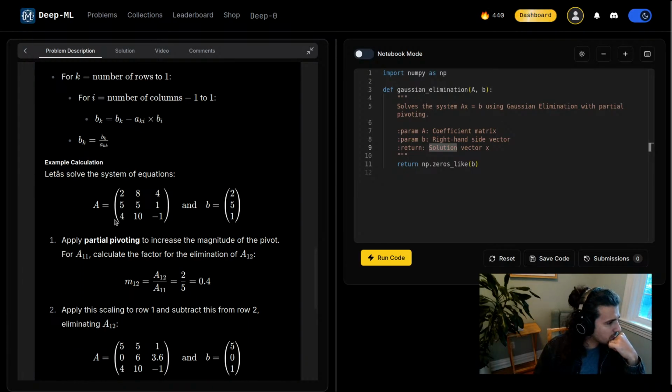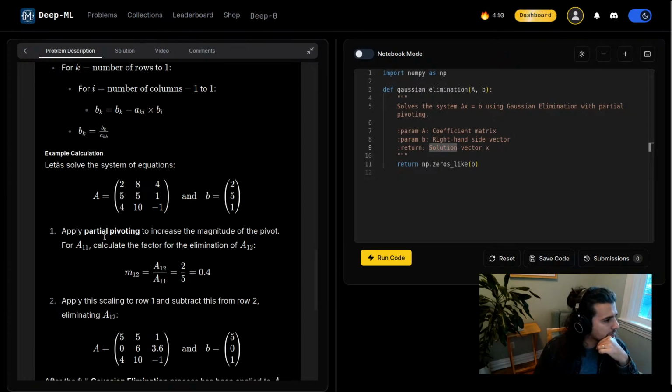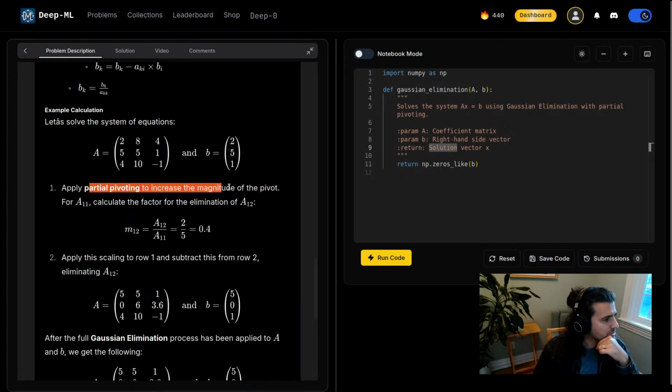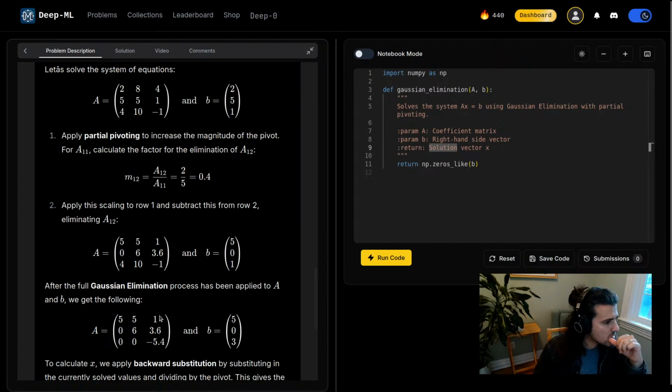Okay, let's solve the system of equations. We have this one, we have b here. We apply partial pivoting to increase the magnitude of the pivot. For A11, calculate the factor for the elimination of A12 here. 0.4. Apply the scaling to row 1. Right, and then we delete the other one down.